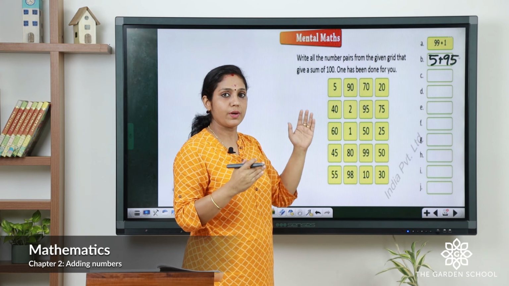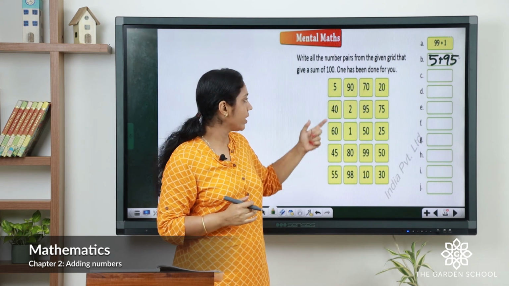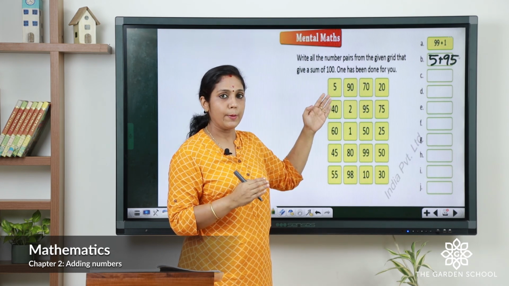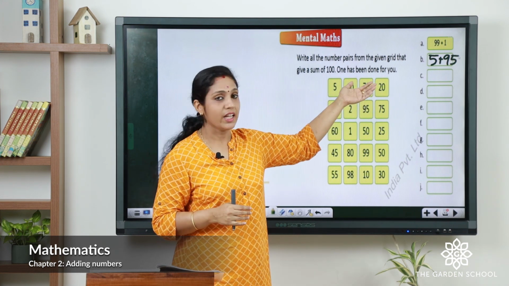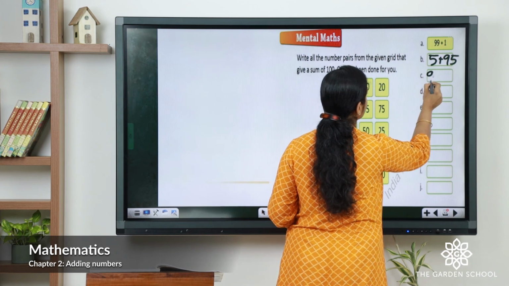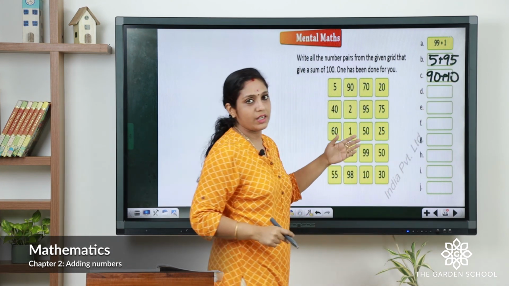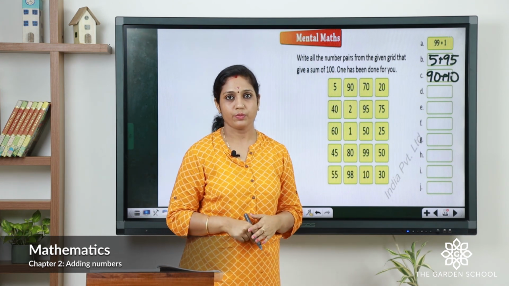So, 90 plus dash makes 100. We have to find it out. So, what number is there? You can check it here in this grid. So, 90 plus 10 makes 100. So, you can write it there, 90 plus 10. Similarly, you can do the rest of the questions.